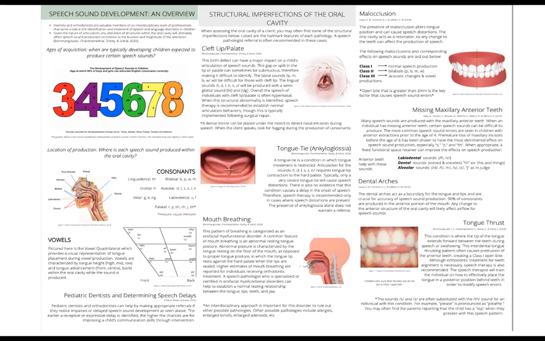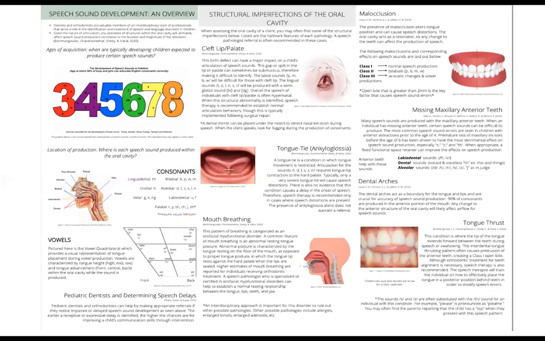And then on the next page, after you open it up, following that speech sound development, you have the structural imperfections of the oral cavity. Just like it says, when the dentist is assessing the oral cavity, you'll often find structural imperfections, and we listed some of those they can find.